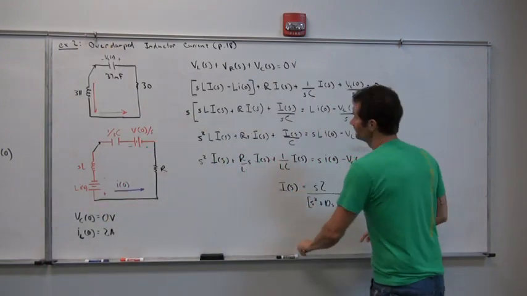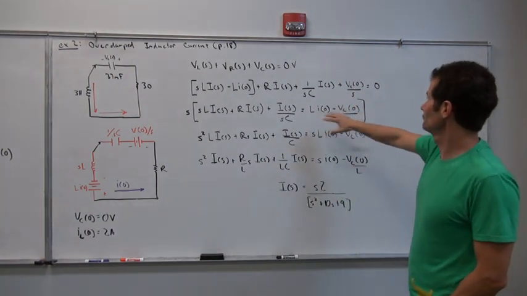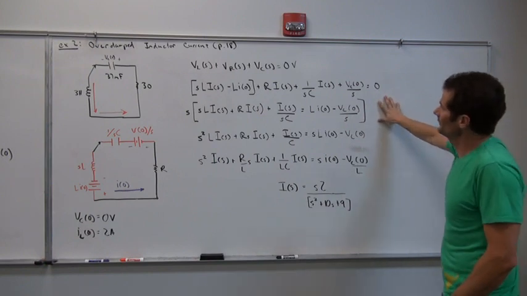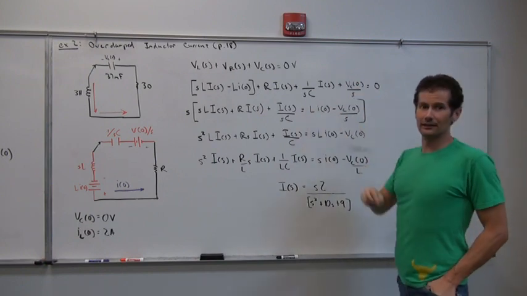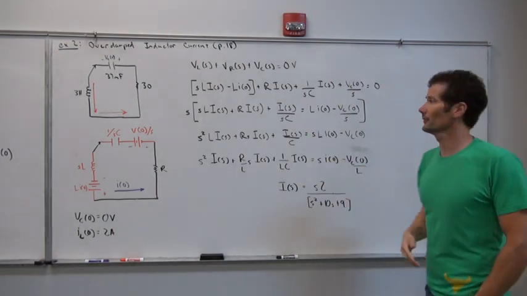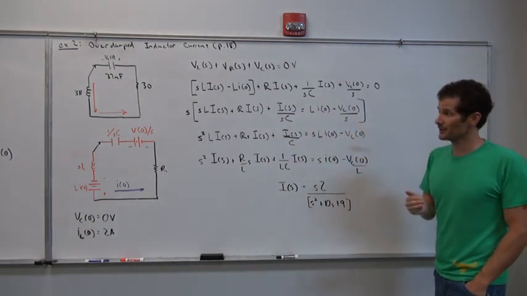So sure enough, if we start parsing out this equation, we know that S is in the denominator. We need to get rid of that. So we're going to take the whole equation and multiply both sides by S. Here I just moved over the initial conditions to the other side.